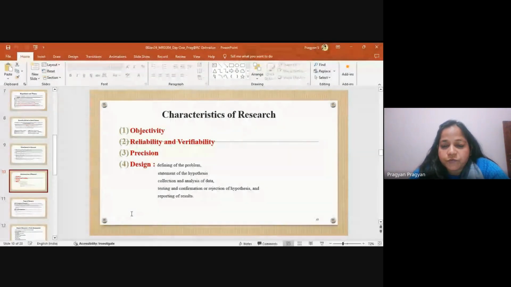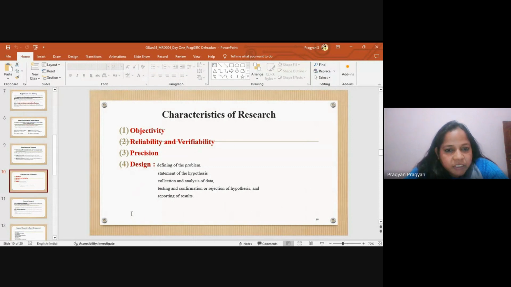We started from a very general term, but now you can understand how we are going to specify this knowledge in the case of research methods in rural development. So these three are basically key characteristics of research.